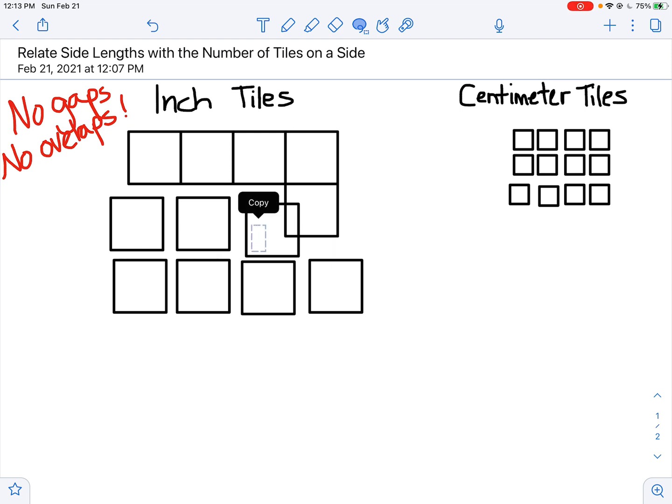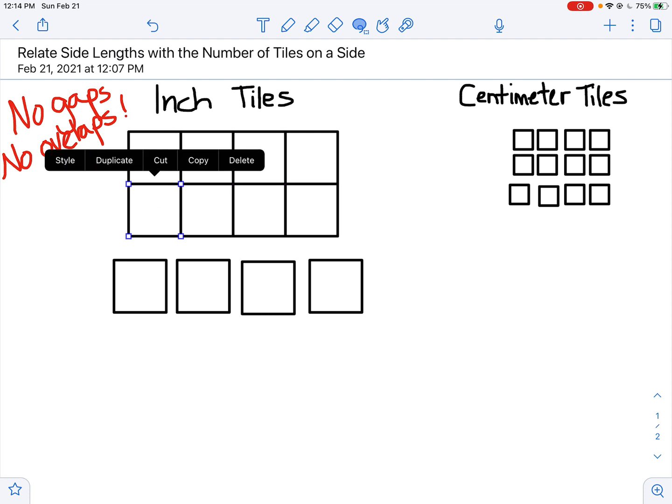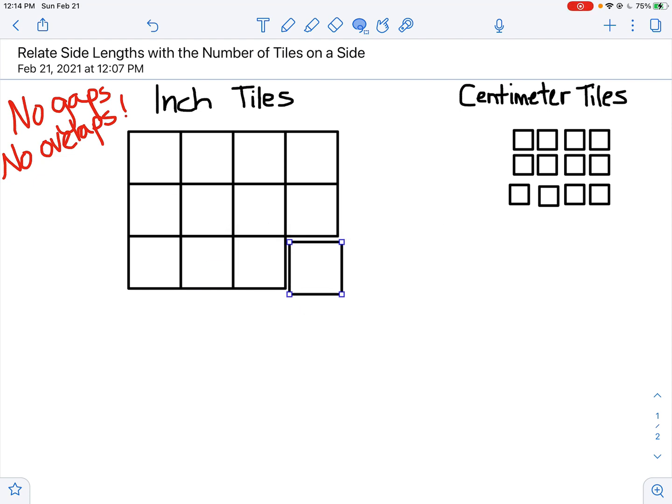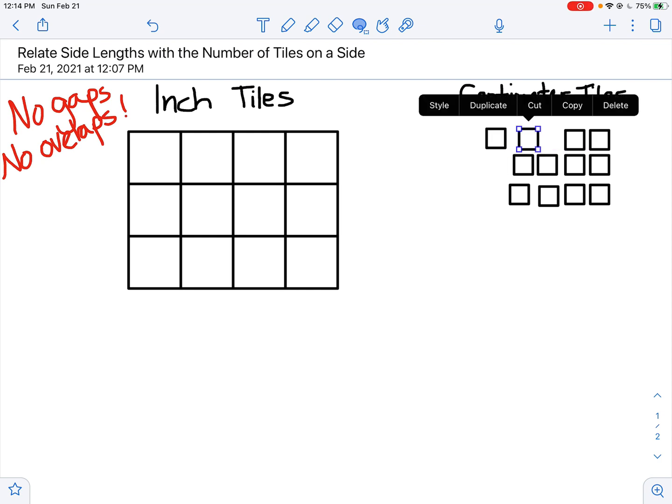So we're going to line them up so that they're nice and easy and not overlapped, without resizing. See how that works? That looks a lot better, doesn't it? And I can do the same thing with my centimeter tiles, okay?